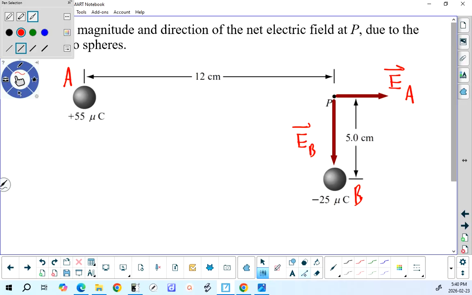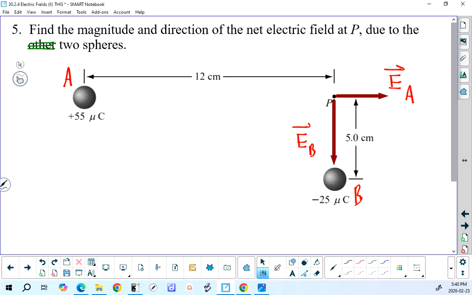Well, I probably didn't do it justice, but my instinct says it's going to be a greater electric field because it's closer to B than it is to A. Then again, B has a smaller magnitude of charge. But I think that smaller distance will more than make up for that loss in charge. It's not really important that you understand what I just said, I suppose. I'm just maybe talking out loud.